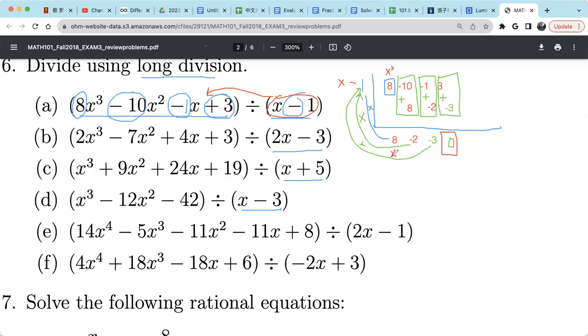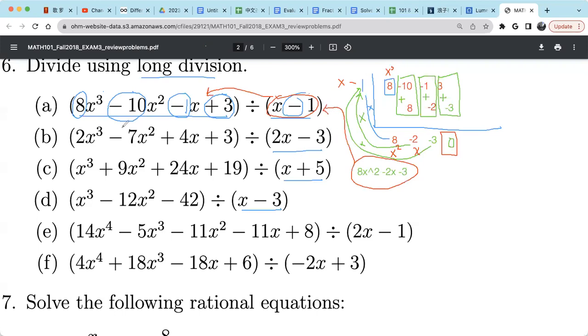So that means 8 is the coefficient of x squared, and the -2 is the coefficient of x, and -3 is a constant. So let me type. The answer for that is 8x squared minus 2x minus 3. This is the answer for this.